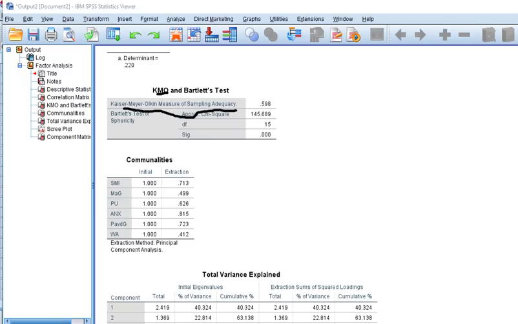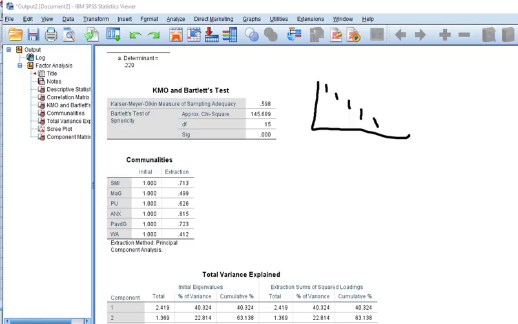What these two tests are addressing is the question of whether it's appropriate to even carry out analysis of a given correlation matrix. The basic idea is that your correlation matrix will have ones along the principal diagonal and correlations on the off diagonal.